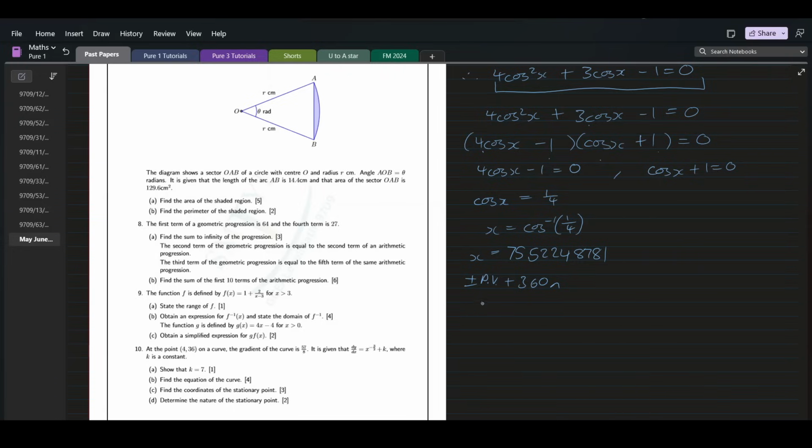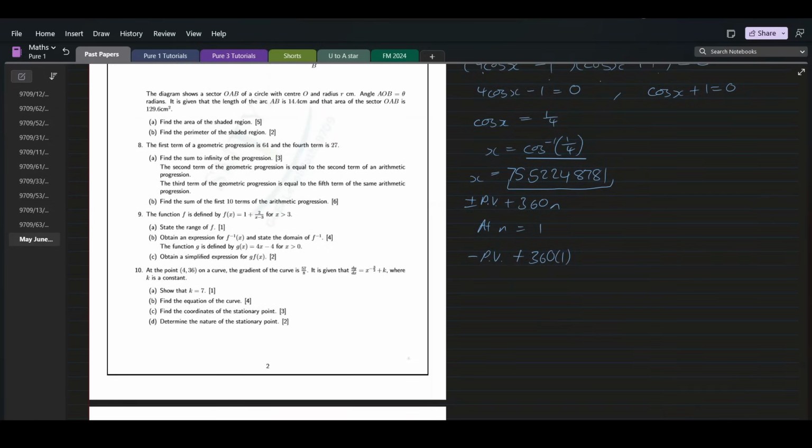So we can do at n is equal to 1. By now you should know that the negative PV will give you the correct solution. Negative PV plus 360 times 1. Our PV is the value you get from the calculator from evaluating arc cos. That will be your principal value. So we're saying negative PV plus 360 times 1 should give us the value within our given interval.